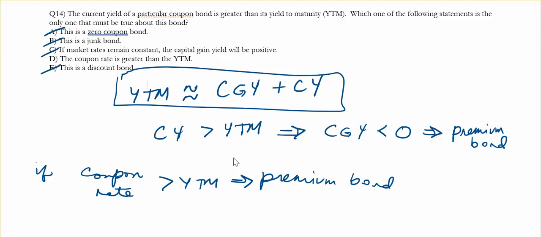We already know it's a premium bond, and so therefore D is the only correct statement here. Right, now this is a hard problem. I think all the conceptual problems are hard. But the more you understand about bonds, the more this, of course, will make sense. And the more you understand these concepts, the easier tackling the numerical problems will be.